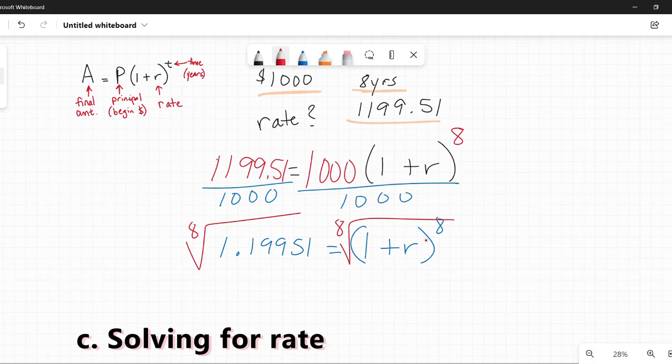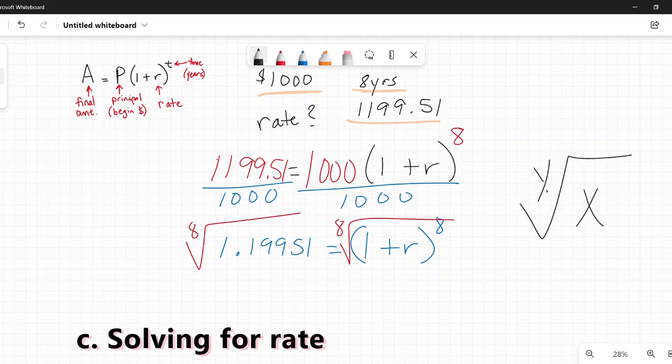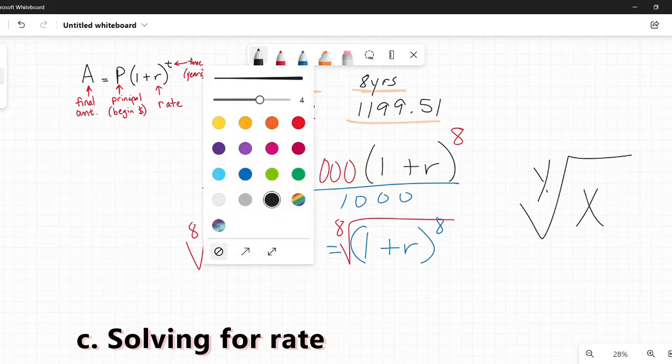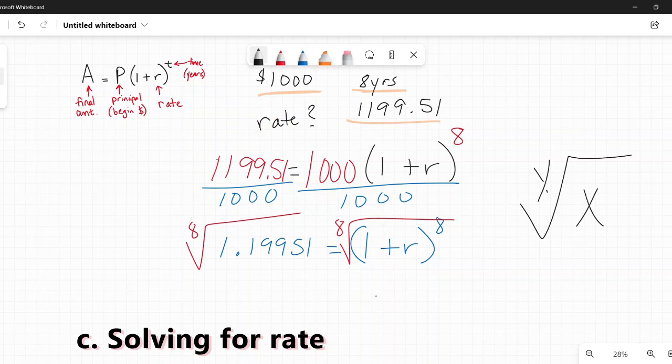Many calculators, like I have an iPhone, on the standard little calculator that comes with your iPhone, if you turn your phone sideways, you get more buttons to the left. One of those buttons looks like this. So for this one, x is whatever number you type in first. So you're going to type in this number, 1.19951.